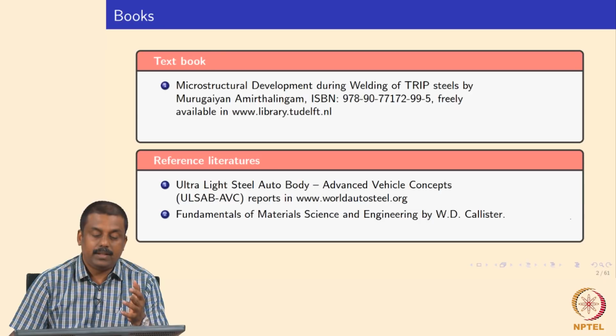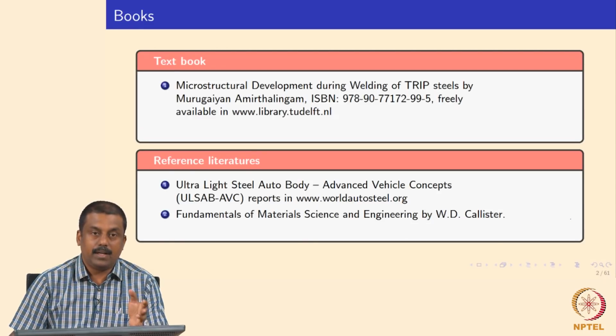I am also going to teach some fundamentals about steel physical metallurgy, which is very important, because the fundamentals of welding metallurgy of advanced high strength steels all come from the physical metallurgy, the heat treatment, and the effect of thermal cycles of the welding process on the phase transformations. Those I'll be teaching during the first introduction hour.